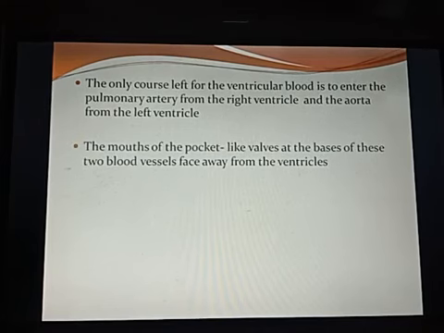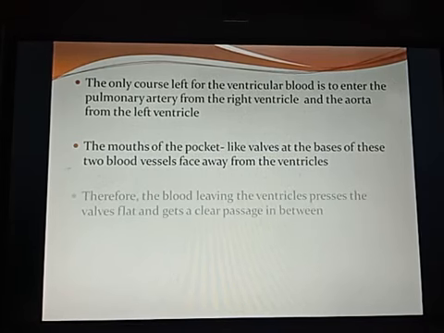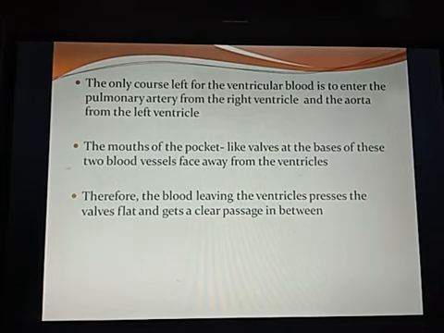The mouths of the pocket-like valves at the bases of these two blood vessels face away from the ventricle, to allow one-way direction of the blood. Therefore, the blood leaving the ventricles will press the walls flat and get a clear passage, but backflow of the blood cannot take place.